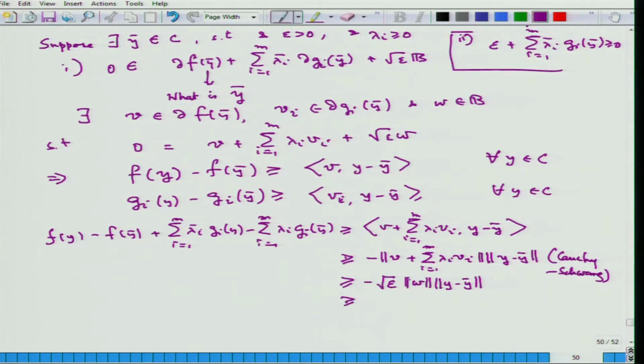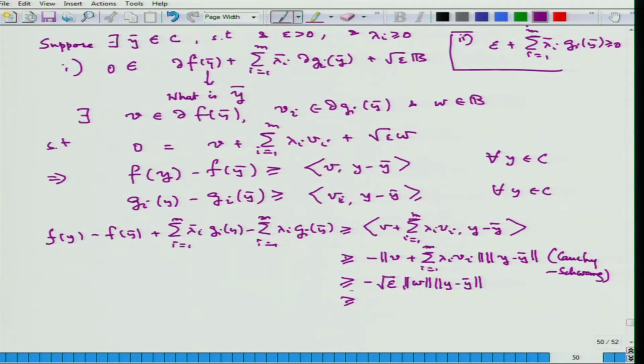So, basically because norm w is greater than equal to 1, if we had written here, this is equal to minus root epsilon w. So, it will become minus of root epsilon norm w norm y bar. Okay.